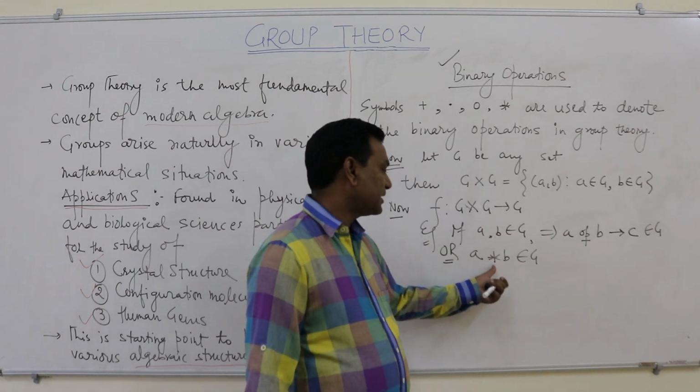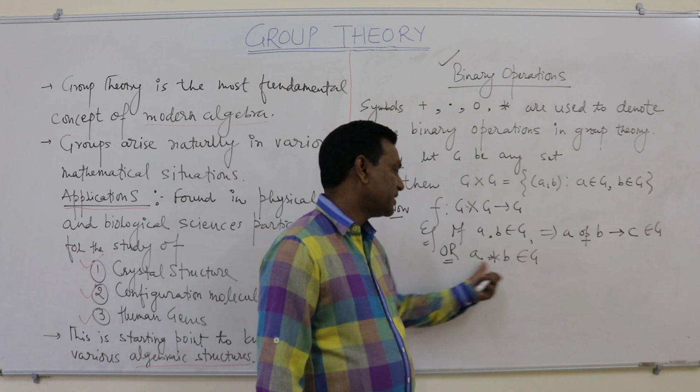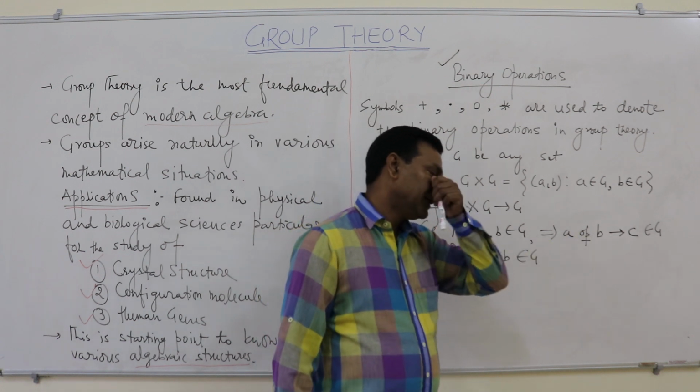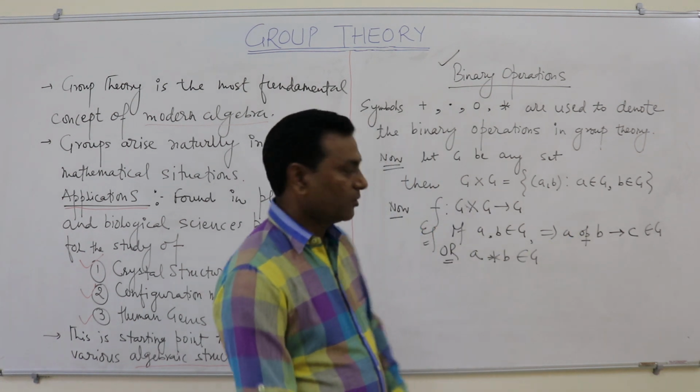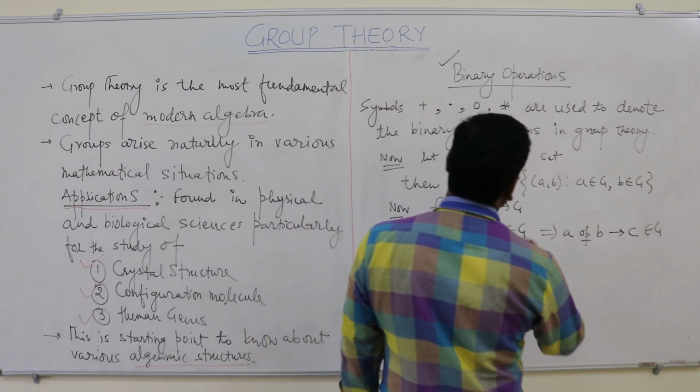If we are applying the binary operation between these two elements and we are getting a third element that also belongs to the group, then this is known as the binary operation.